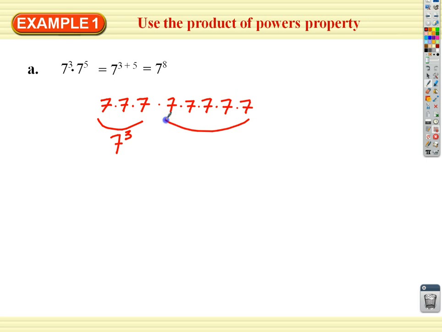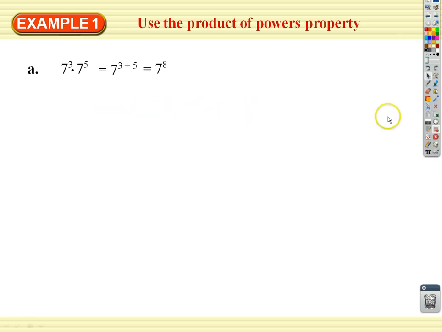This right here is 7 to the fifth power. Since we're multiplying these all together, it's really how many times am I multiplying 7? I'm multiplying it 3, and I'm multiplying it 5. And 3 and 5 is an addition problem, and that turns into 7 to the 8th power, because all together I have 7 multiplied 8 times.